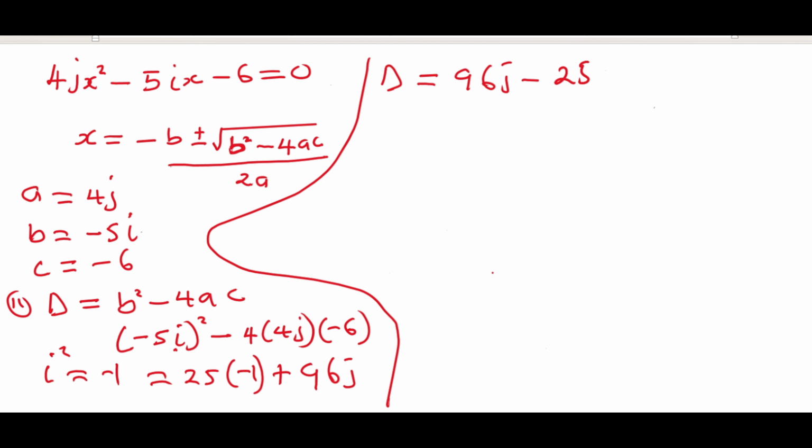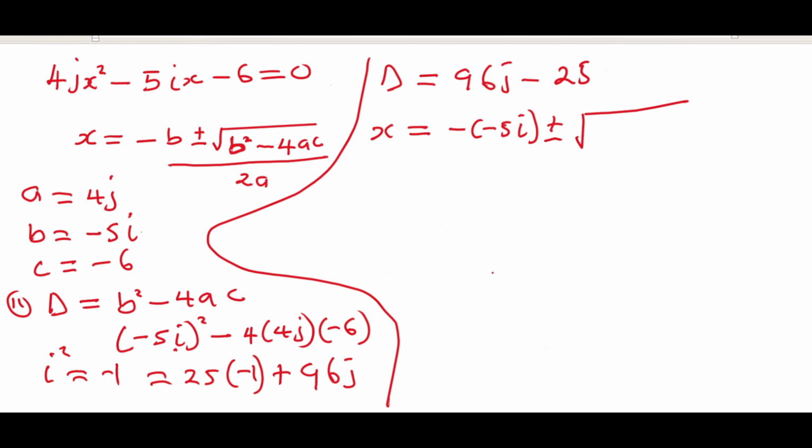Now let's input back into the equation. That will be x equal to, what's the B again? B is minus 5i, and then plus or minus root, what is D?